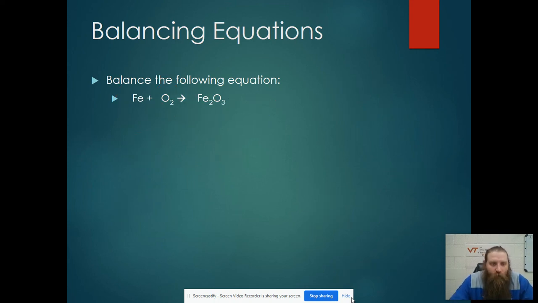Let's look at another one. Have iron and oxygen gas. Molecular oxygen is making iron(III) oxide. Well, same thing. Draw a line. Fe, O. I have 2. I have 1. 2. Notice 3. Put a 2 there.